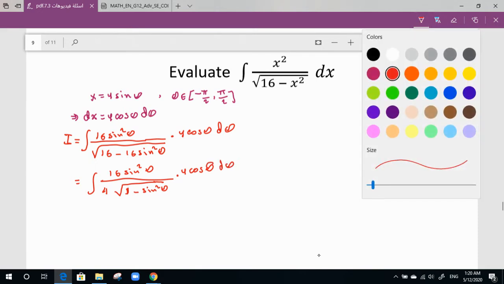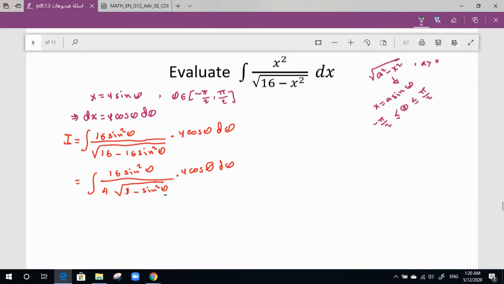Now, what about 1 minus sine square theta? I will replace it by cosine square theta. Radical cosine square theta gives me absolute cosine theta. But because theta is between minus pi over 2 and pi over 2, cosine theta is all the time positive, so absolute cosine theta gives me cosine theta.